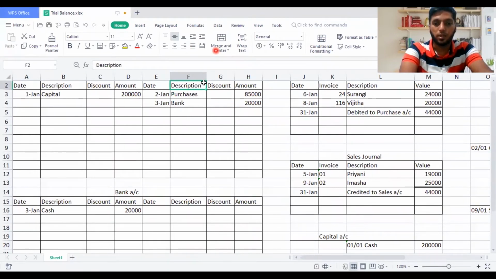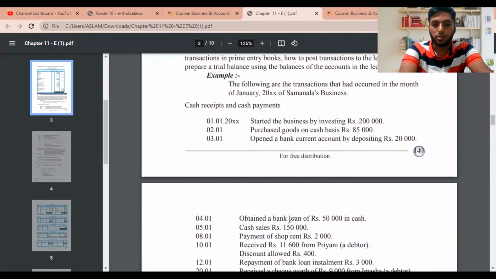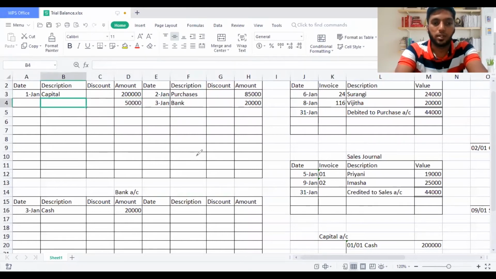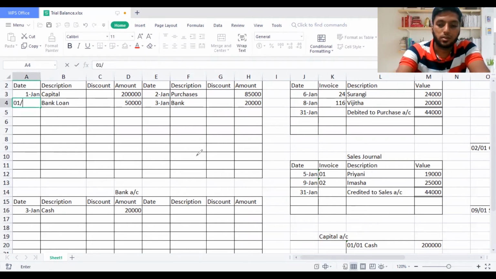What do we have? We have obtained a bank loan of rupees 50,000 in cash. So when you receive a bank loan of 50,000 in cash, your bank loan account will become credit because it's a liability, and your cash account will become debit. So 50,000, I'll write here bank loan and the date. So I will open a bank loan account.